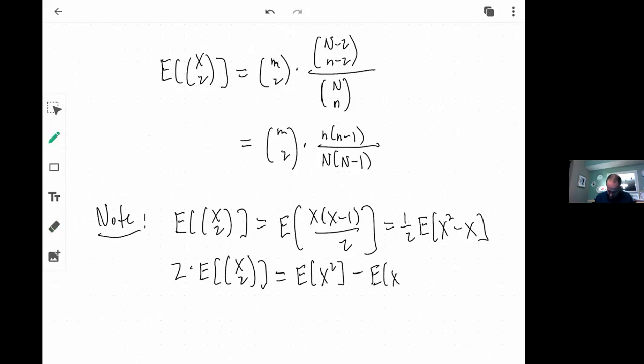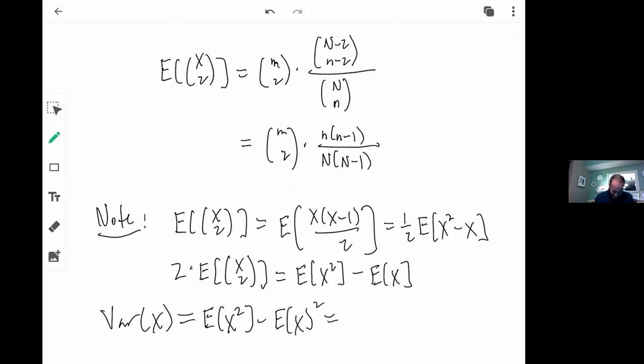And that's important because I know that the variance of x, which is the expected value of x squared minus the square of the expected value of x, is going to be, if you think about it for a minute, twice the expected value of x choose 2. And then what am I going to have to do? I'm going to have to add, because the expected value of x choose 2 has an expected value of x squared in it, but then it has a minus E of x in there.